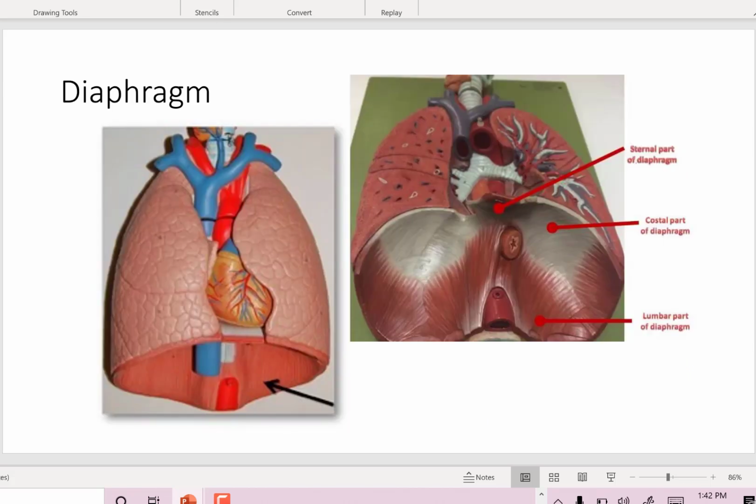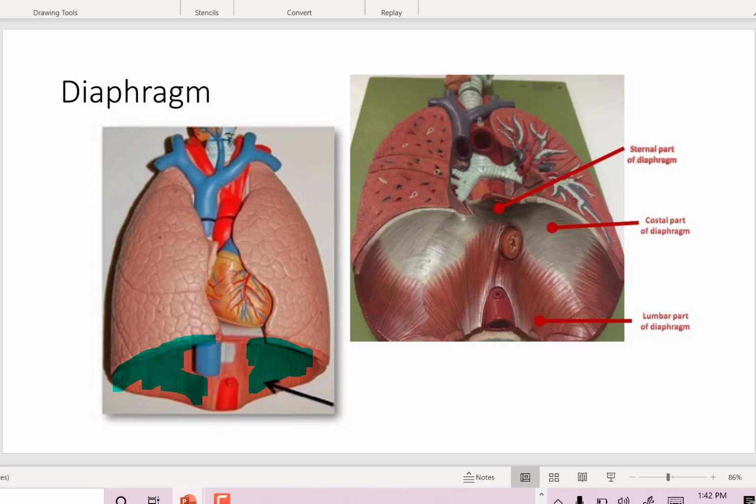The last muscle that will be discussed in this short video is the diaphragm. There are several models that we have in the lab that show the diaphragm. First of all, 2 good examples are our lung models. And you can see here that the diaphragm has this dome-shaped appearance.